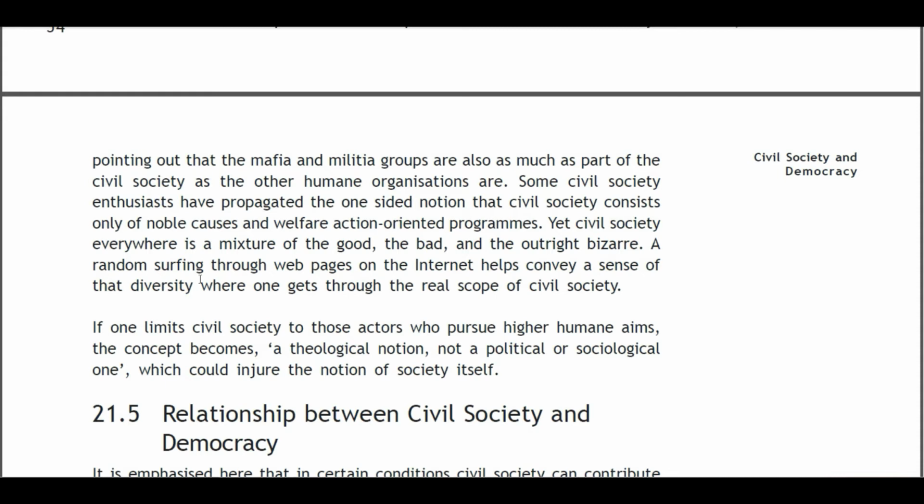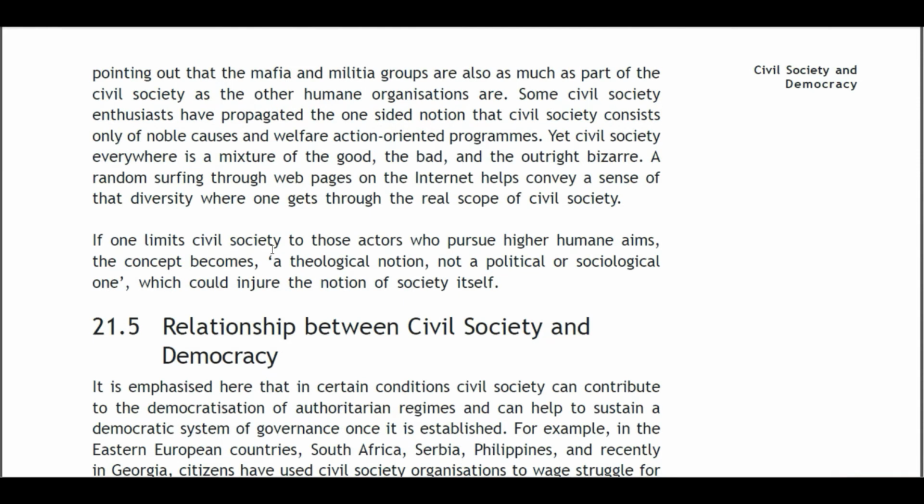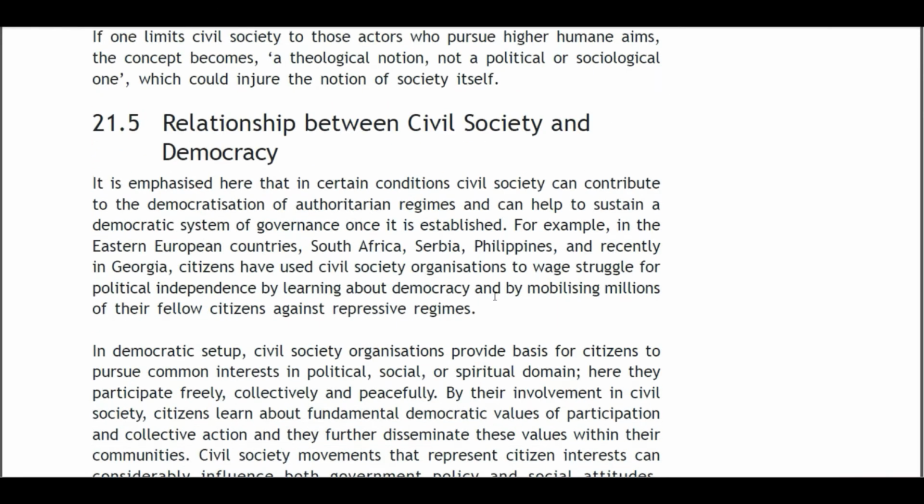A random surfing through web pages on the internet helps convey a sense of that diversity, where one gets a sense of the real scope of civil society. If one limits civil society to those actors who pursue higher humane aims, the concept becomes a theological notion, not a political or sociological one, which could injure the notion of society itself.